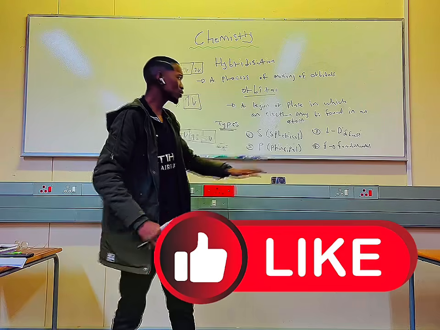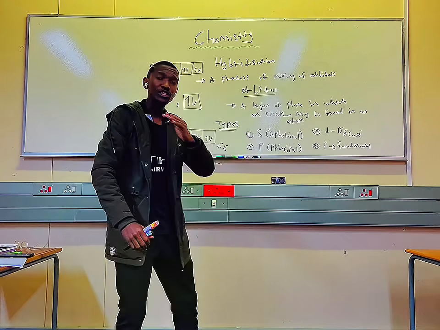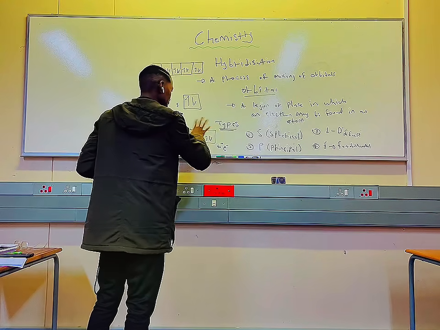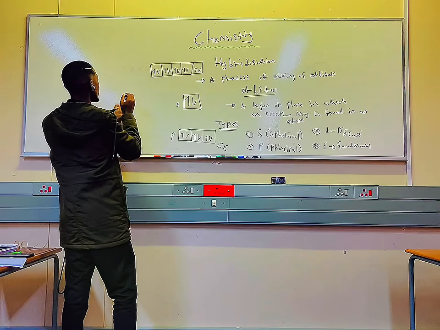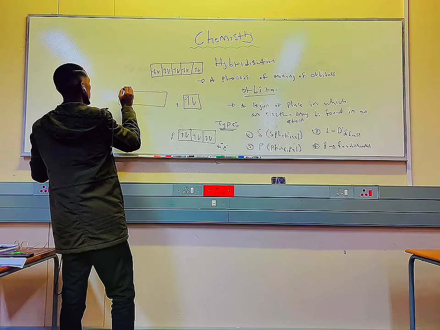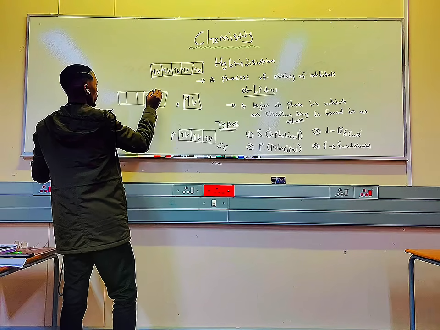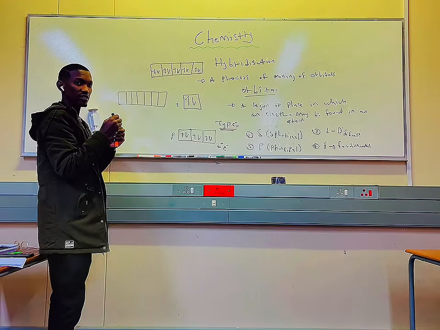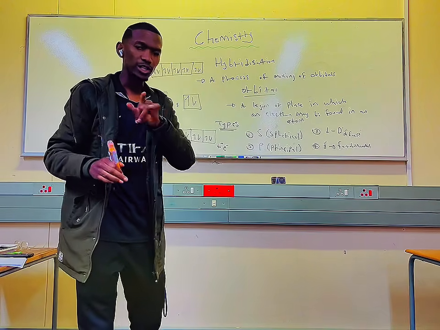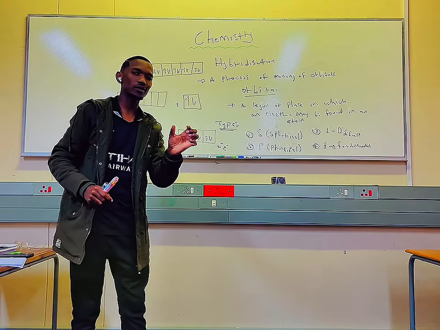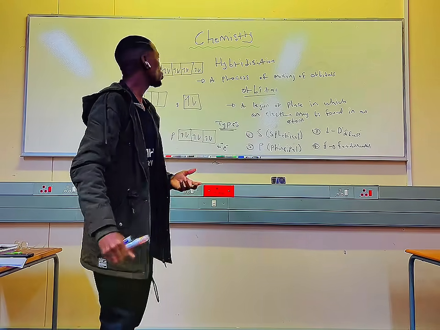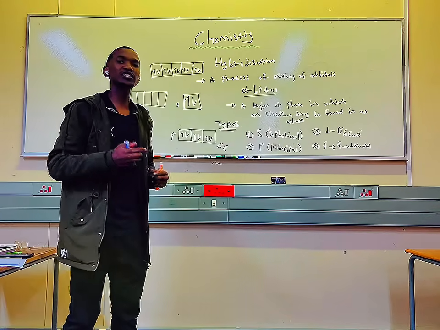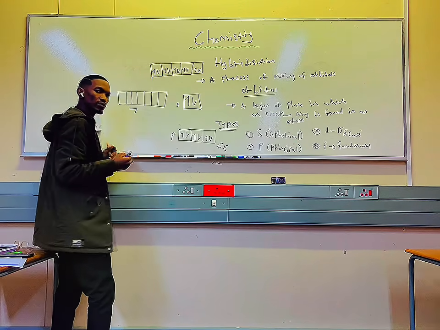Then the last one which I'm going to mention is the fundamental, which is our f orbital. Now our f orbital is going to have 7 orbitals. I can put it here, 7 orbitals: 1, 2, 3, 4, 5, 6, 7. If there are 7 orbitals, and we all know that in each and every orbital there must be 2 electrons, how many electrons in total must we expect in this f orbital? 14, because 7 times 2 is 14.